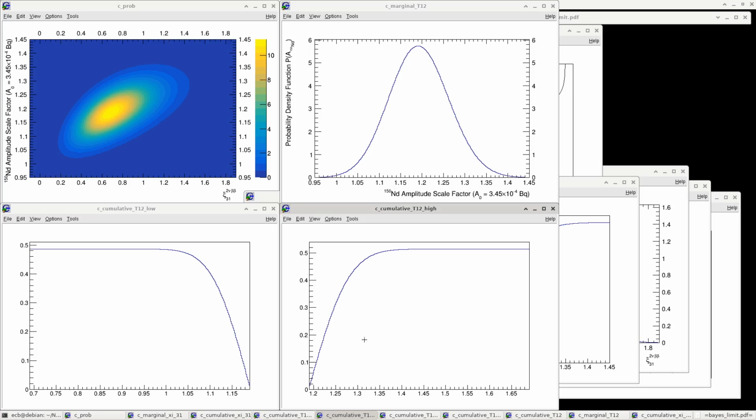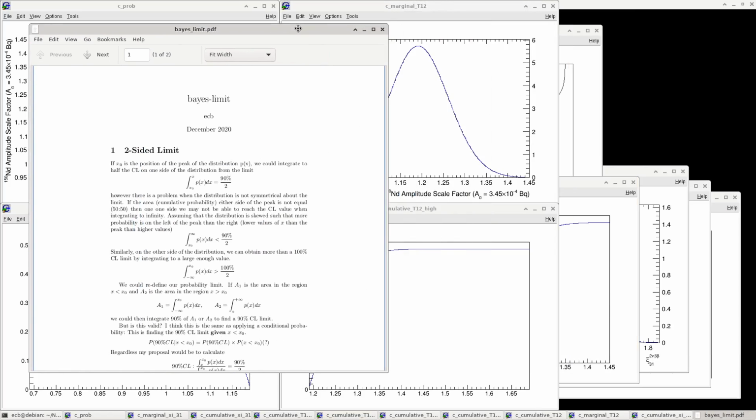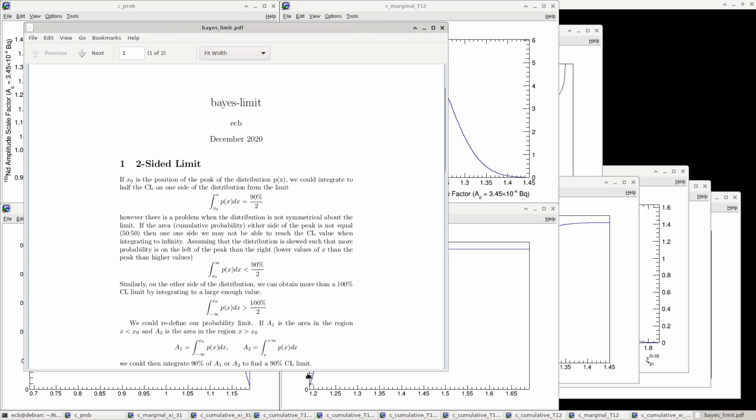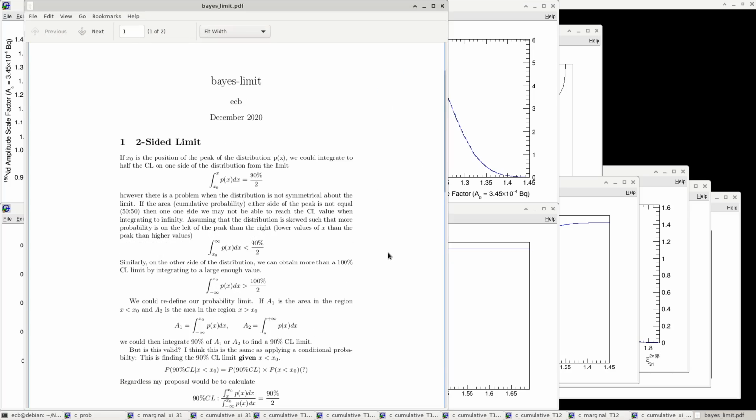There's a possible resolution that I've proposed, and that is, if I can find the document, I called it a Bayes limit, but it's not actually Bayes' theorem at all. It is a, what would you describe this as? It's a conditional probability.